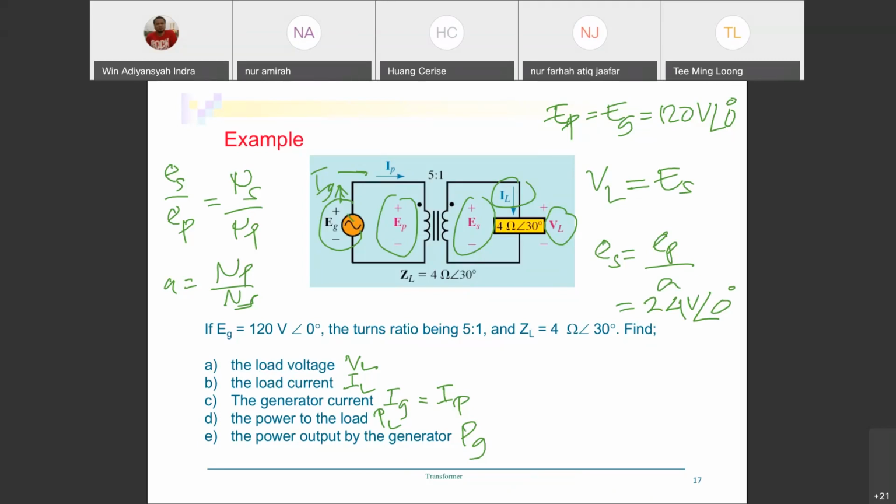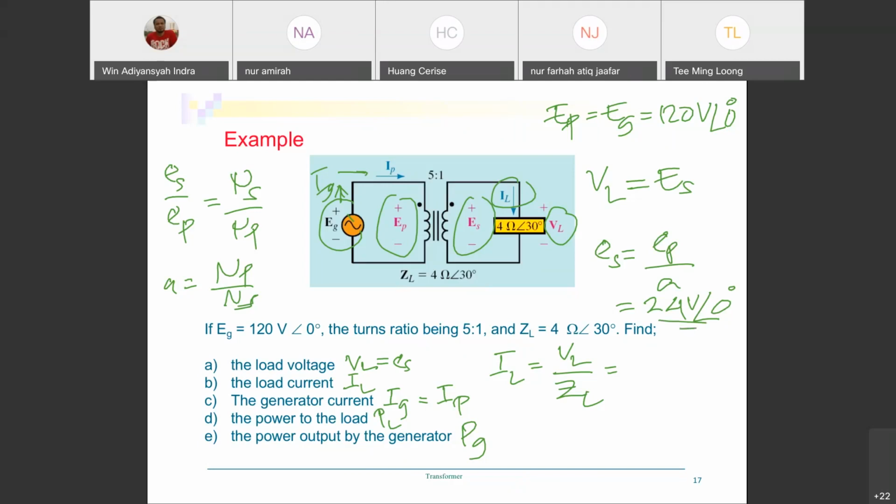That is VL. IL, load current, so Ohm's law: equal to VL over ZL, right? VL just now, oh sorry, VL equal to ES then, right?